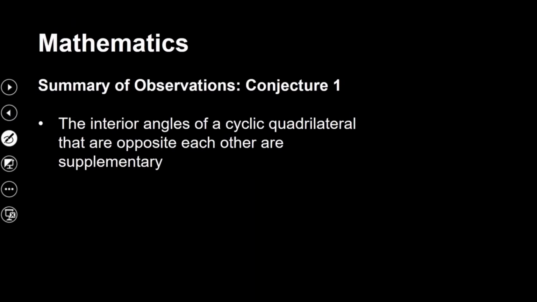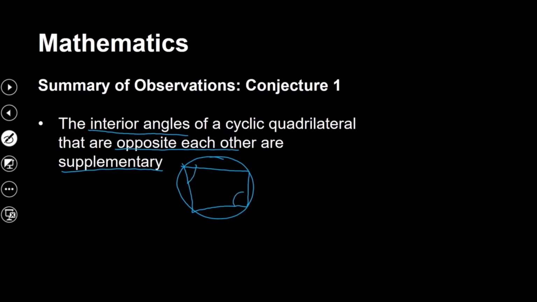So the summary of our observation is that the interior angles, right, these angles must be inside the quadrilateral, that are opposite each other. The other condition is they must be opposite each other. They will add up to 180 degrees. So meaning, if I have a quadrilateral like this, this angle and that angle there, let's call this x, let's call that y.